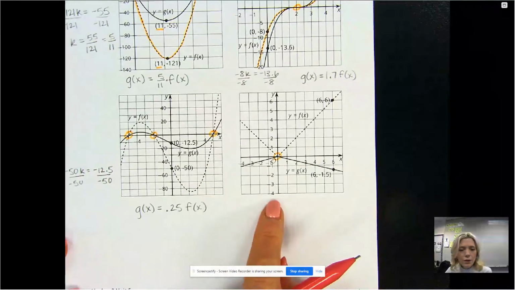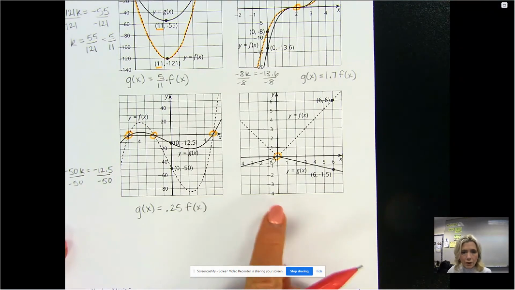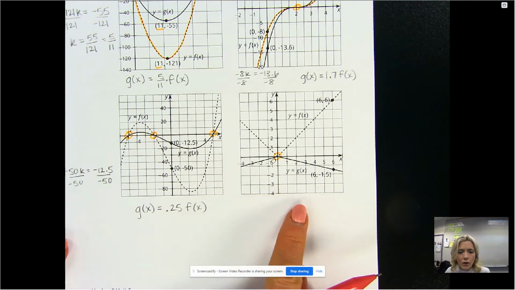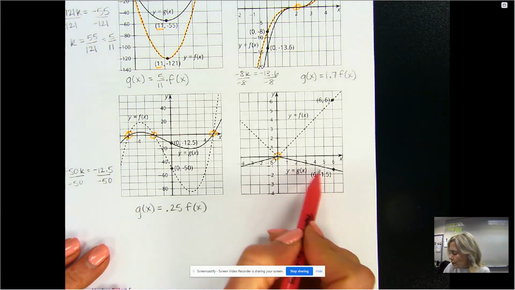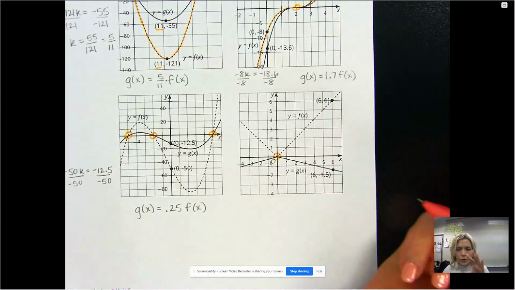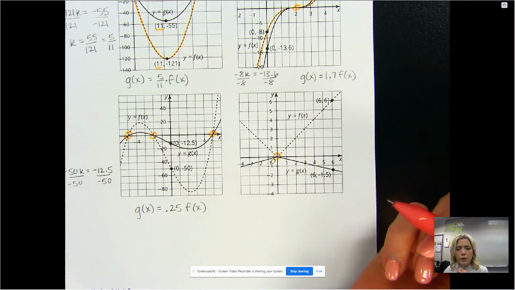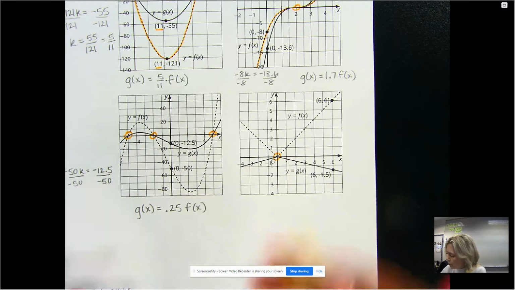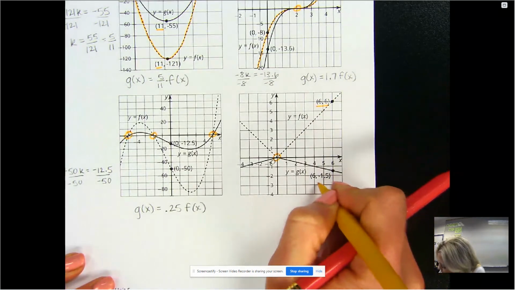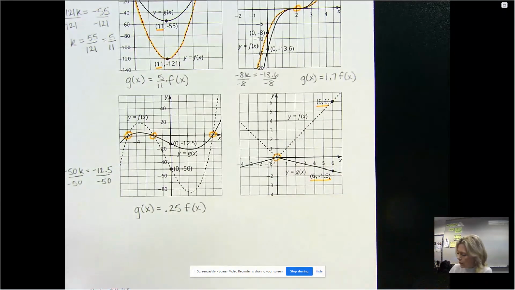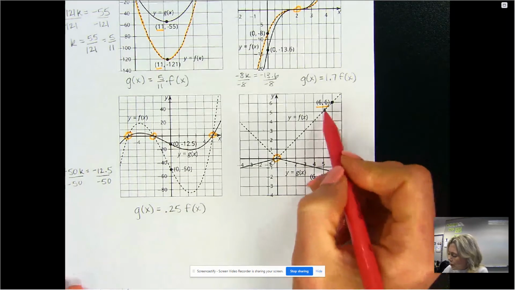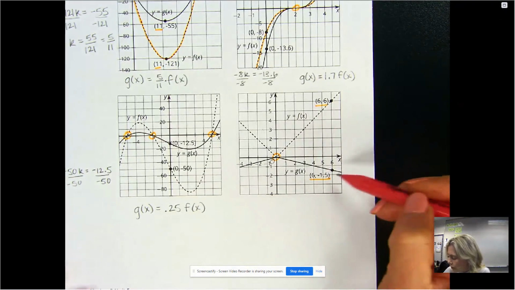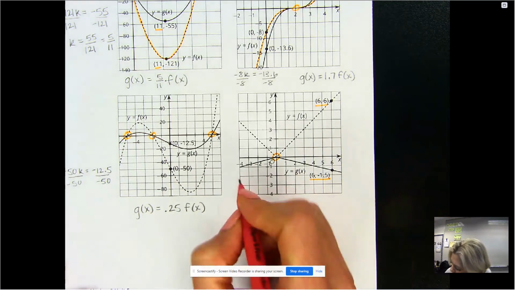And then the last one here, starting with the dashed line to get to the solid line, I can see there's a reflection. And then this isn't as steep as this, so a vertical compression as well. And so our corresponding points are 6, 6 on f of x and 6, negative 1.5 on g of x. So 6 times some value is equal to negative 1.5.